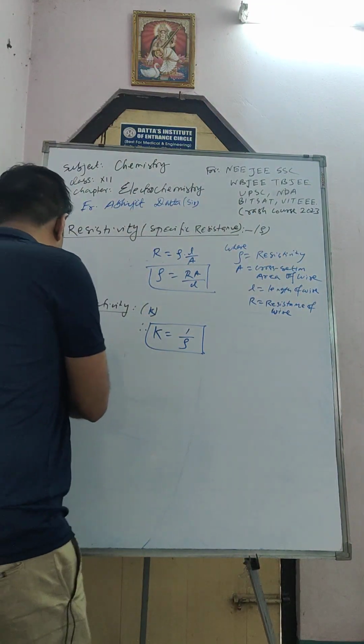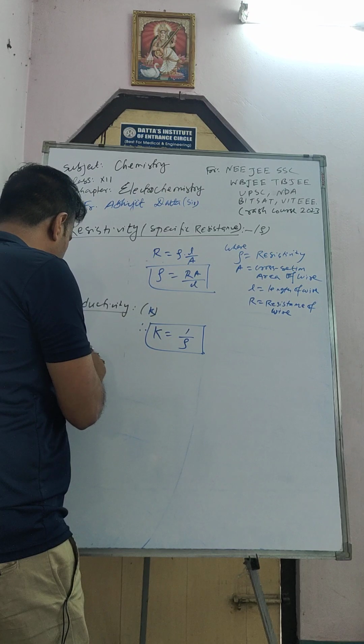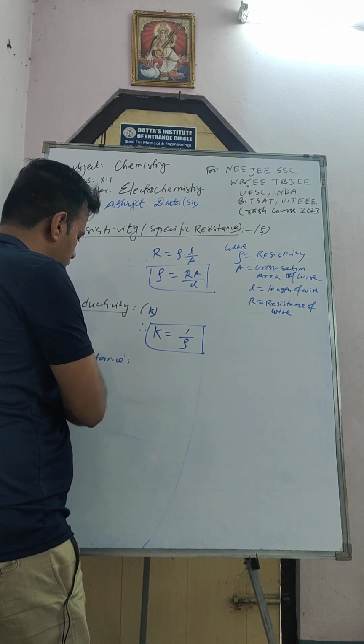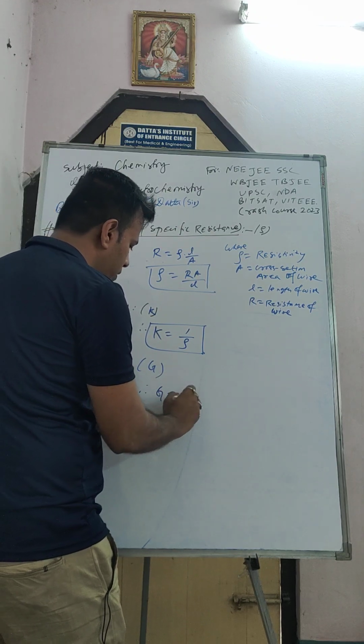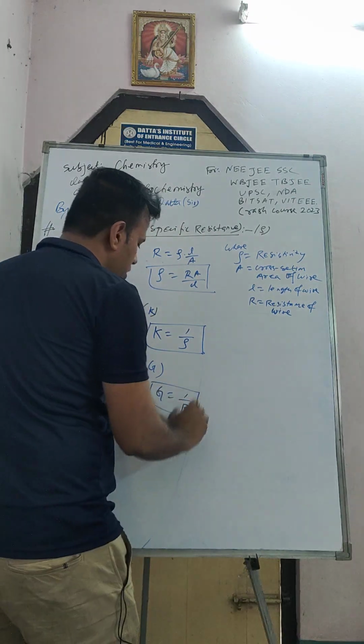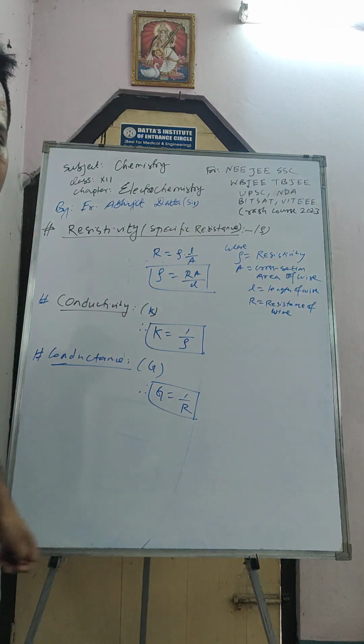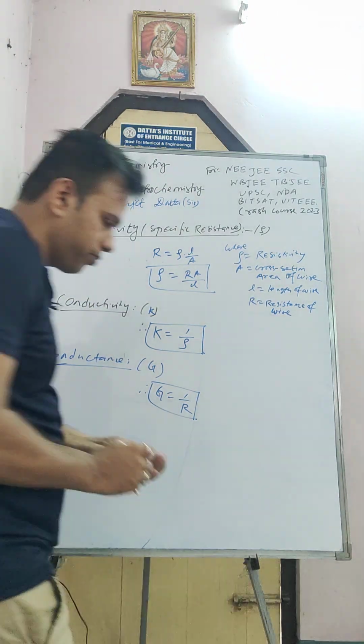And conductance is denoted by G. So G equal to 1 by R. Okay, got my point?